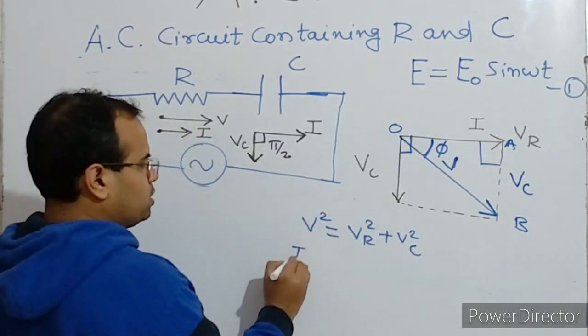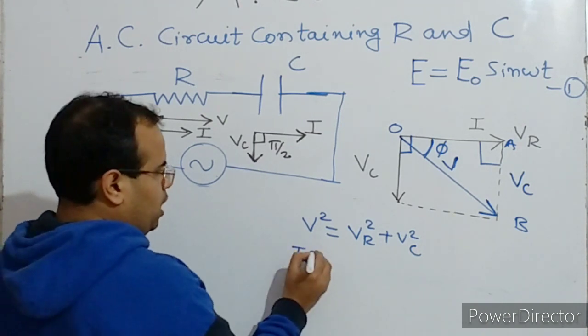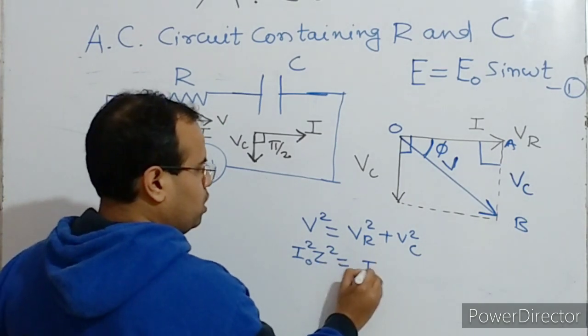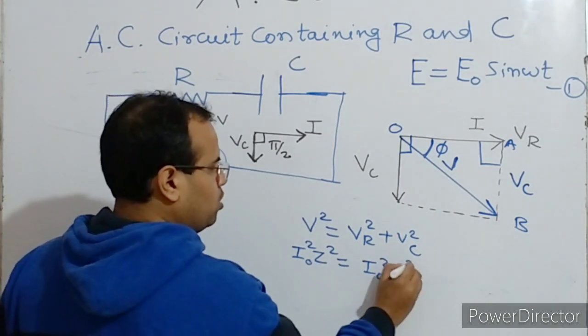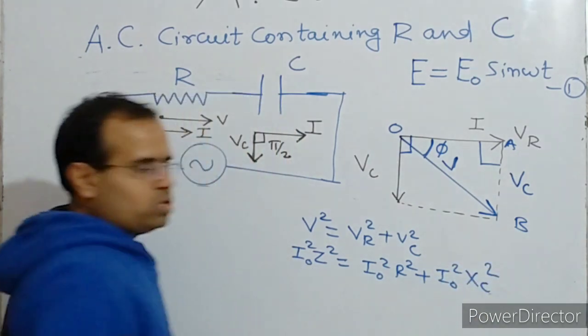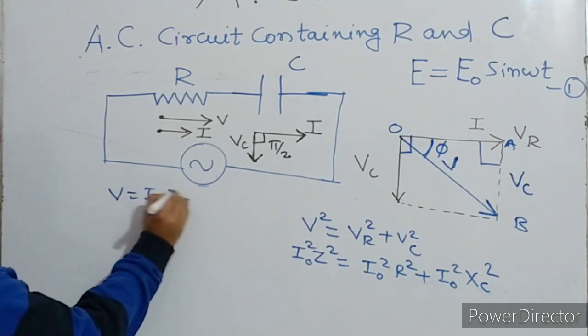V square can be written as I naught Z whole square, because Z is the impedance. So that will be I naught square Z square equals I naught square R square plus I naught square XC square, because V is the resultant, so it will be I naught Z.